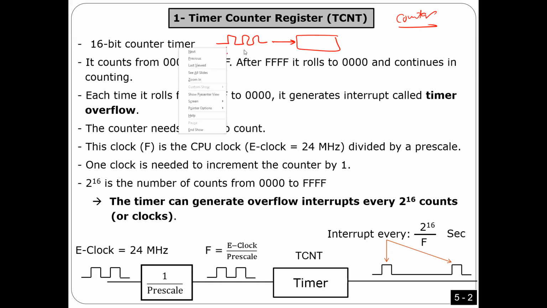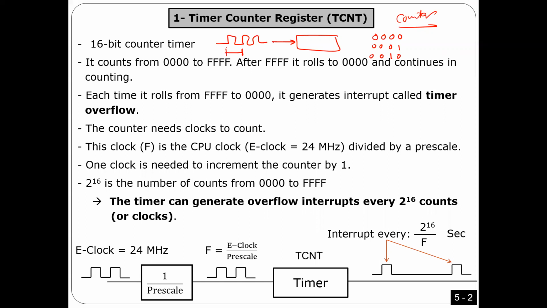For every clock cycle, this counter is going to be incremented by 1. That means it's now 0, 0, 0, 0, for example. After 1 clock, you should see 1. After a second clock, you should see number 2. It's counting. Every time you input 1 clock, it's going to increment the counter by 1.